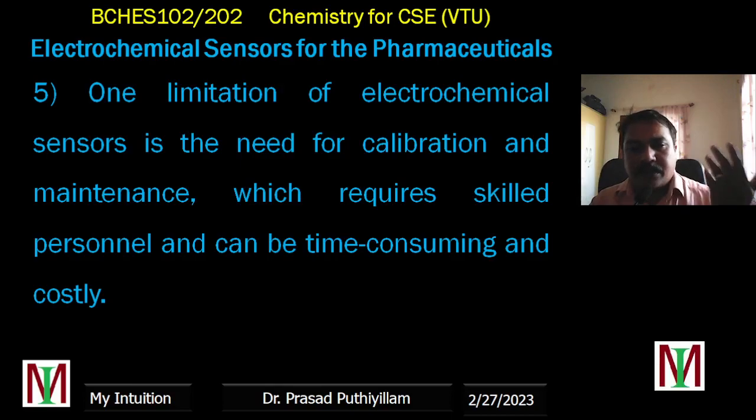So we need skilled personnel, it takes a lot of time, and it is costly. You keep on calibrating at a very short time interval. It is time consuming and costly, and everyone cannot do that process. Therefore it is costly. You have to send the electrochemical sensors back to the place where they are manufactured. There they will check it and send it back, so it will be costly as well as time consuming.